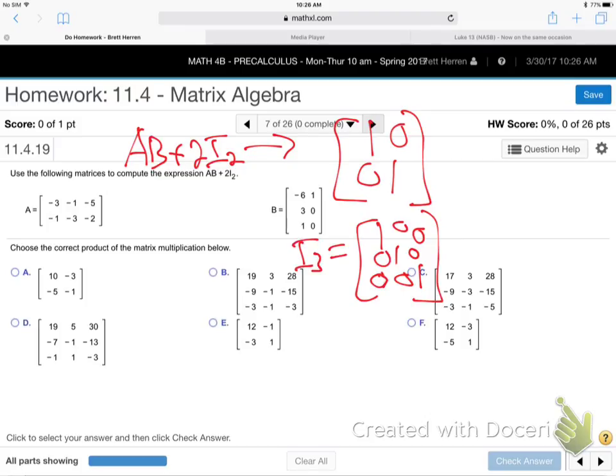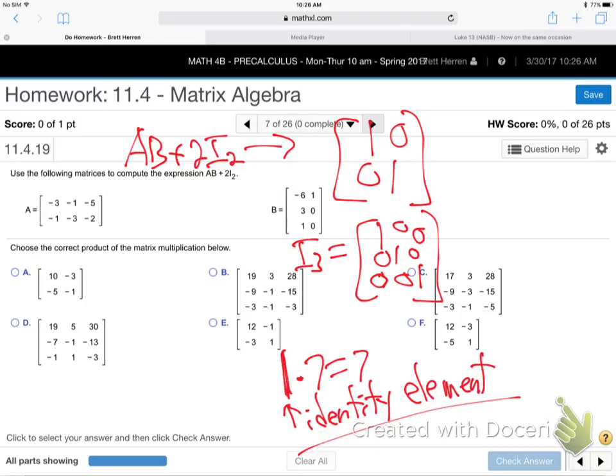Now, what do I mean, play the role of 1? Well, you tell me, what does 1 do in the real number system? 1 times anything is itself, right? That's what 1 does. We call that the identity element. Why do we call it that? Because if you multiply by it, you get identical what you multiplied. It gives you your identity.